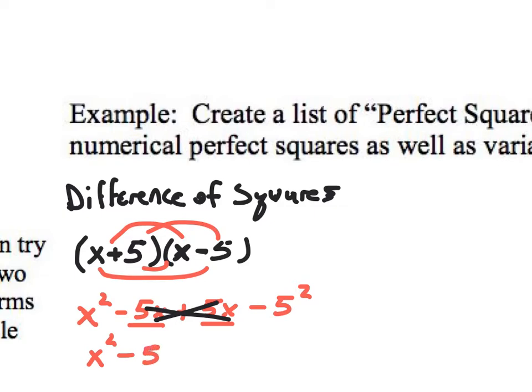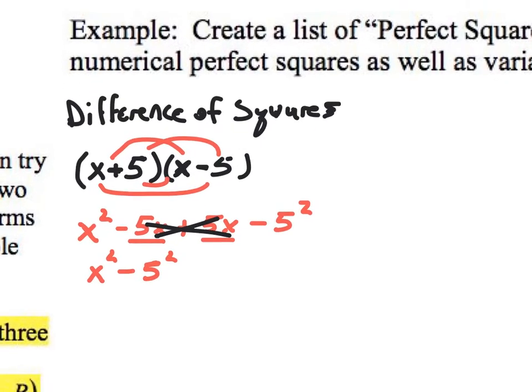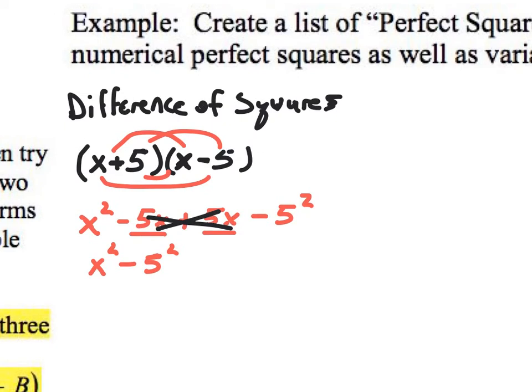Now, we can evaluate 5 squared to be 25. And so when I do this, I've got x squared minus 25. So when I see something like this, x squared minus a number, or any variable squared minus a number, check to see if this number is a perfect square.